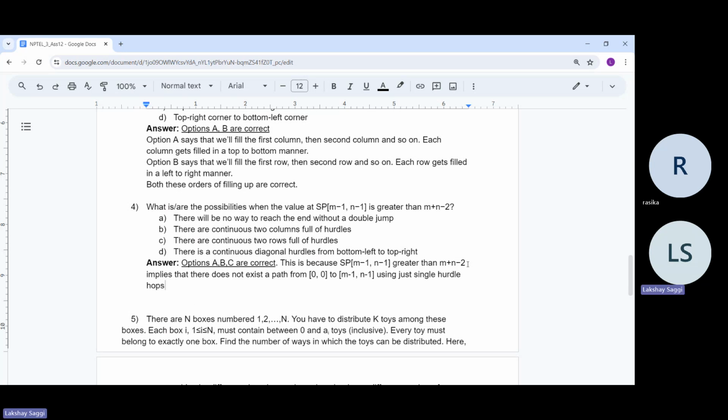So something like this. And because of this, these three options are correct, and this option is wrong. Okay. So this was the fourth question.